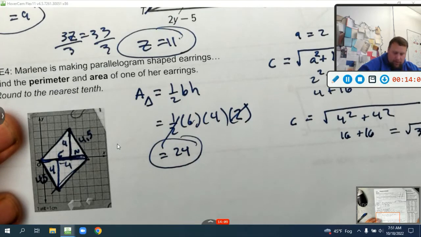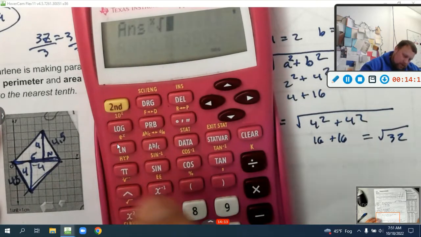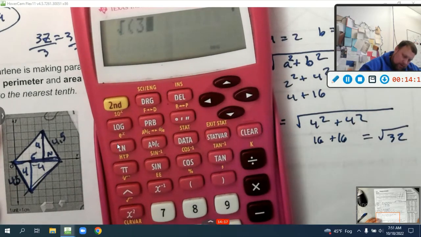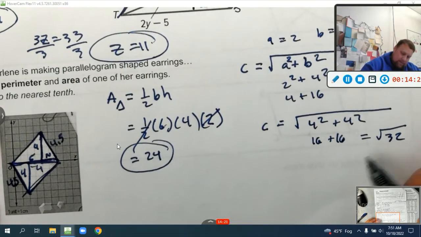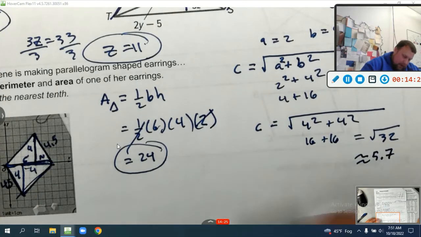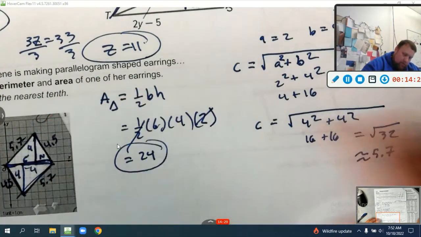Let's try that out. Second function, square root of 32. That's about 5.7. So now I know this is about 5.7, so I've got two 5.7s and two 4.5s. Let's just add those together.